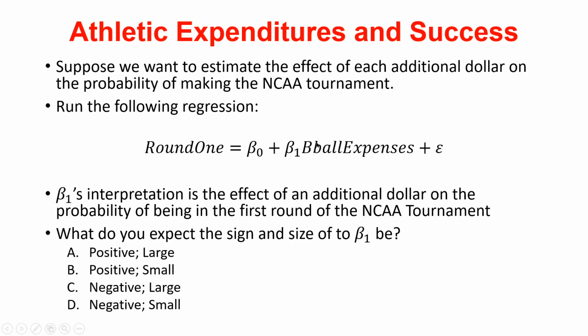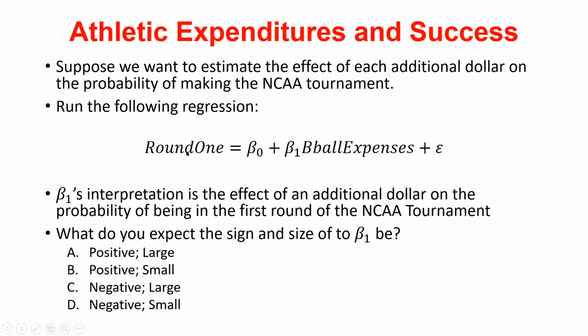So I have this measure of basketball expenditures on a basketball program, and whether or not they made it into that very first round of the tournament, right? So 1 if they did, 0 if not. So the effect of beta 1 should be, it's a 1 unit increase on the x variable, so 1 more additional dollar spent on my basketball program would increase, and if I have a 1, 0 variable as my y or my dependent variable, you can think about what my coefficient interpretations are now.